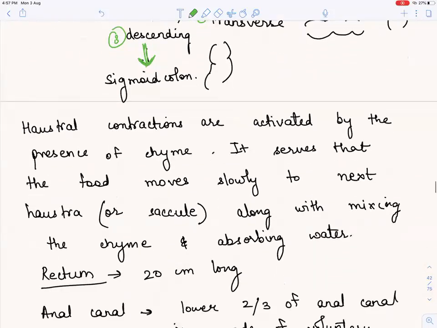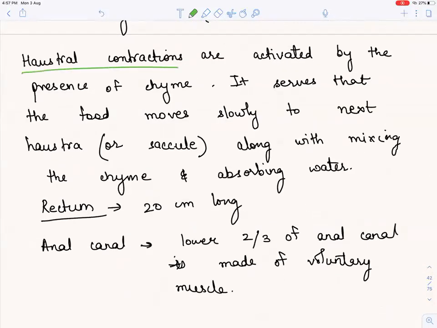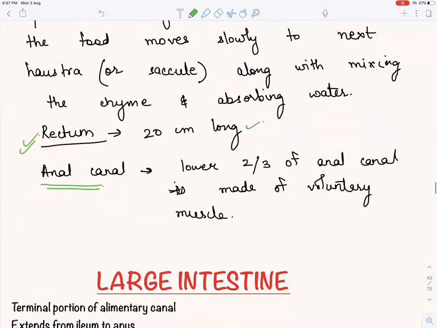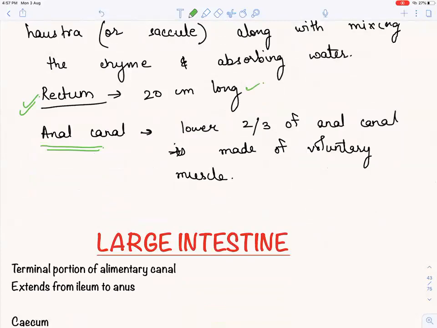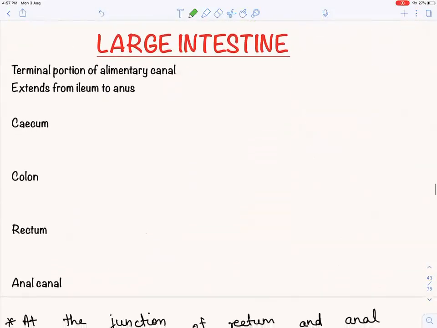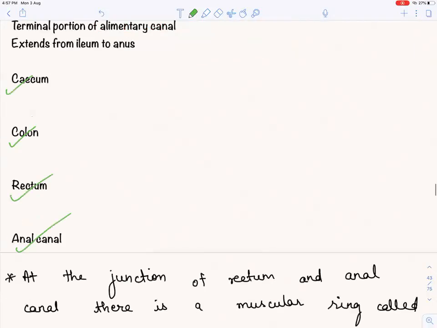I've already covered haustral contractions. Then the rectum is around 20 centimeters long, and the waste goes to the anal canal, where the lower two-thirds portion is made up of voluntary muscle. So we did cecum, colon, rectum, and anal canal.